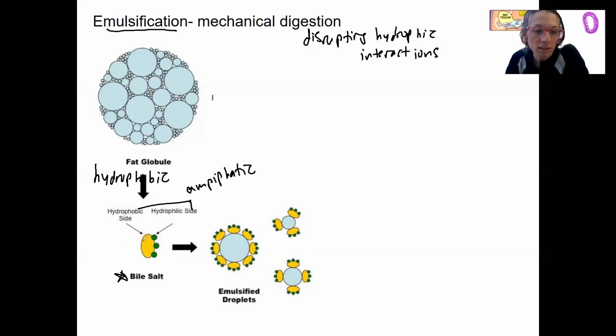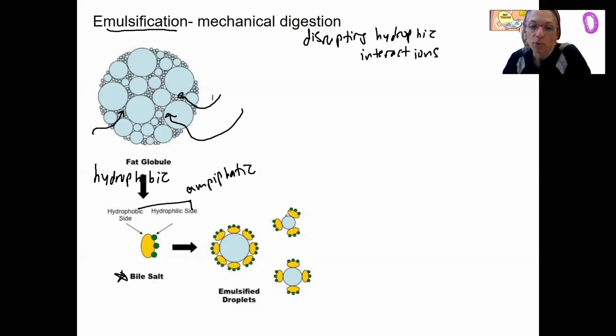So because this hydrophobic side can interact with fat, it can get up in here and break apart these large globules. That's what's shown here. It stabilizes fat in smaller globules. That's called emulsification. That's it. And that's what happens when you wash soap off your hands.